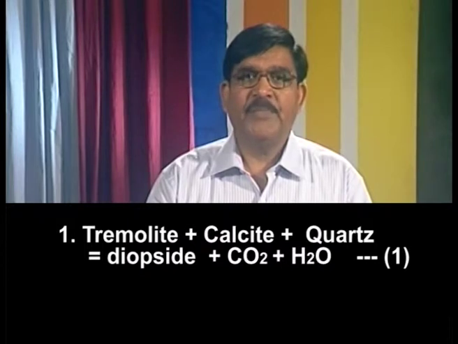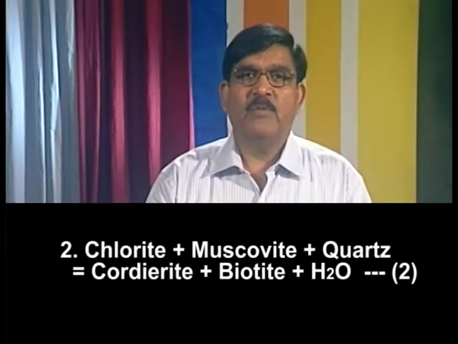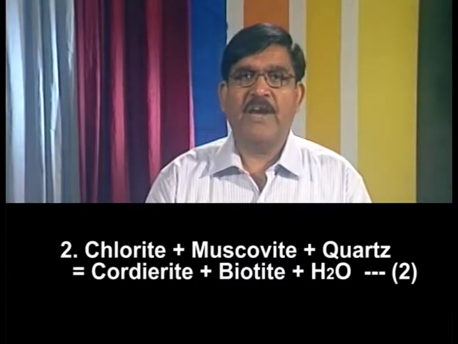First reaction is tremolite plus calcite plus quartz gives rise to diopside plus CO2 plus water. Second reaction, chlorite plus muscovite plus quartz gives rise to cordierite plus biotite plus water.